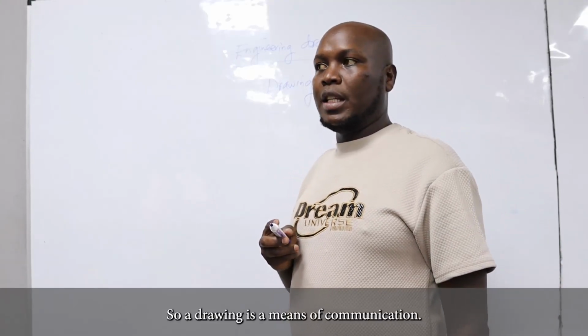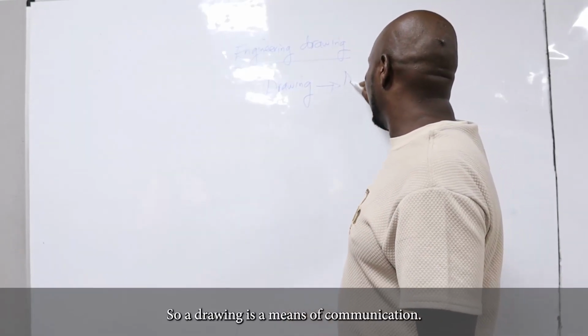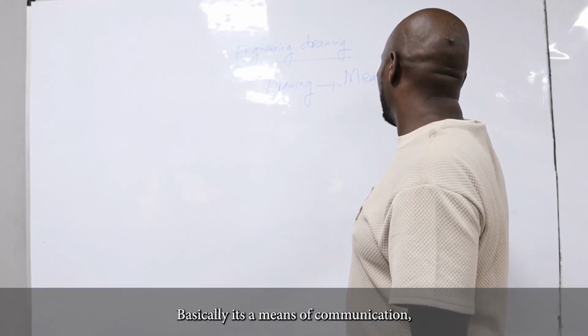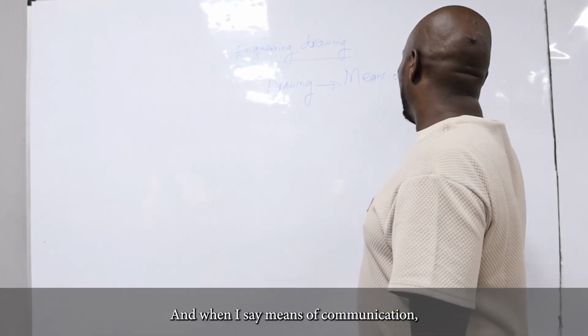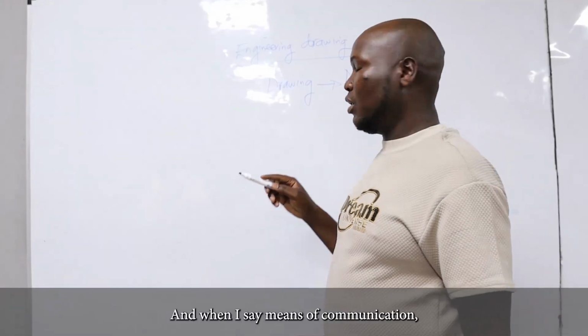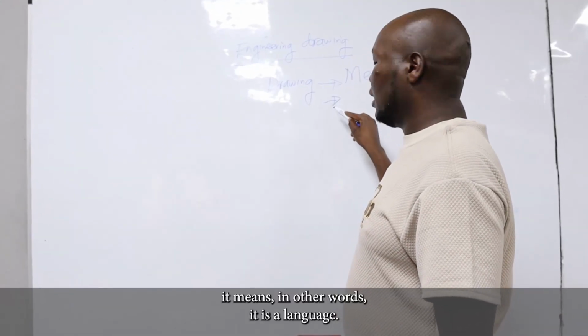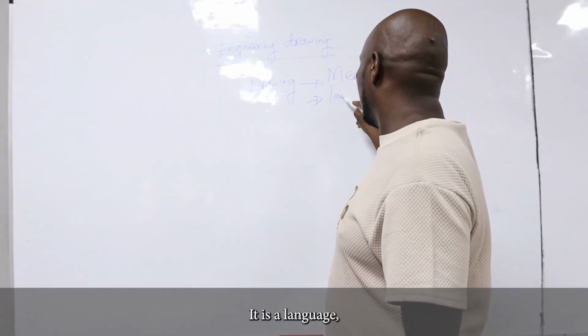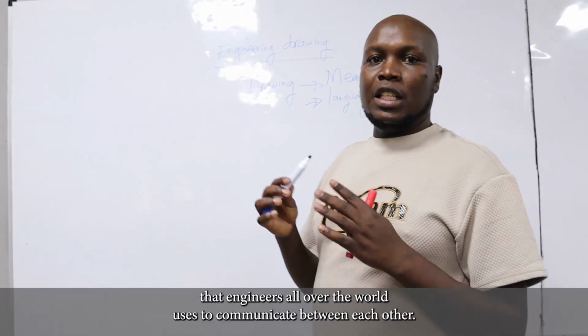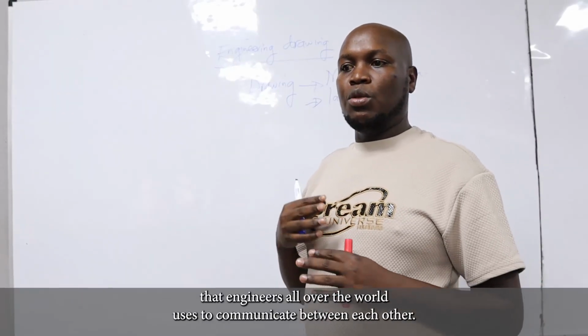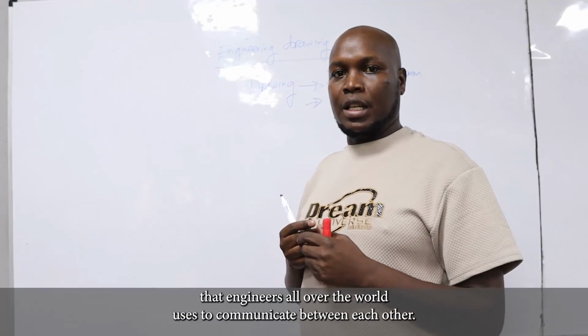A drawing is a means of communication. When I say means of communication, in other words, it is a language that engineers all over the world use to communicate with each other.